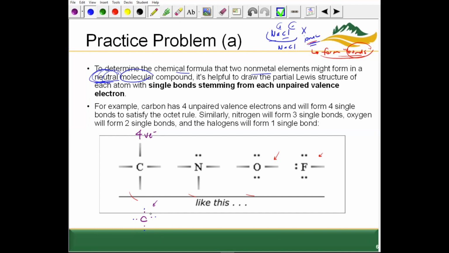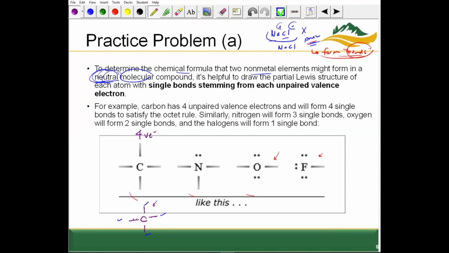Well, it has 4 valence electrons itself, and to fill a happy octet, it could share an electron with another atom here, here, here, and here. So this is a very typical bonding pattern for carbon. 4 valence electrons will probably form 4 bonds coming from carbon.